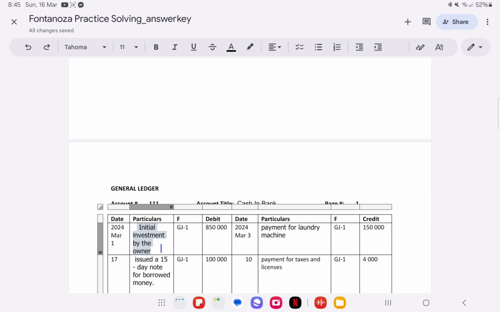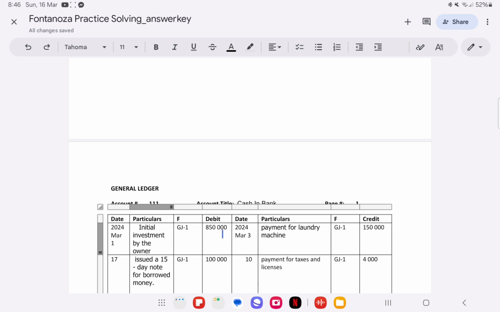Maybe you cannot balance the statement of financial position, or if there will be some errors in the trial balance, so it's easy for you to recheck.